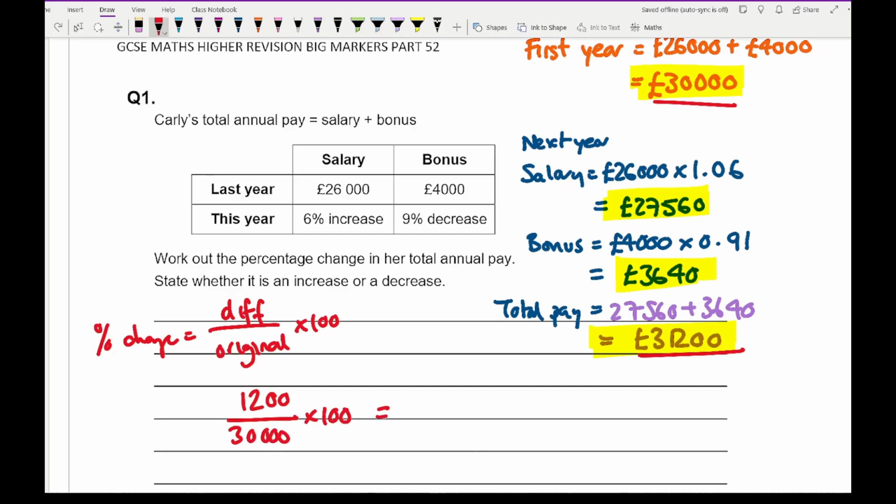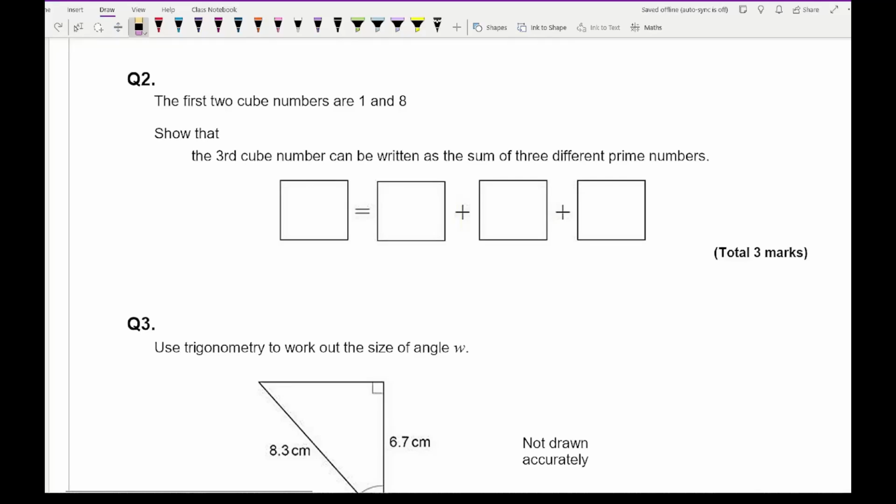If I just quickly type that into my calculator, 1200 divided by 30,000 gives me 0.04, so that's going to be a 4% increase. And we know it's an increase because the amount has gone up, and there we go.